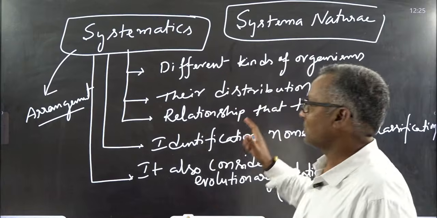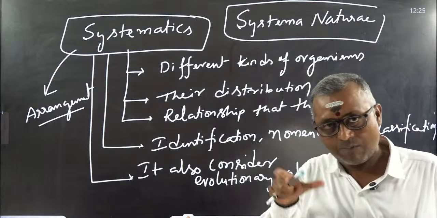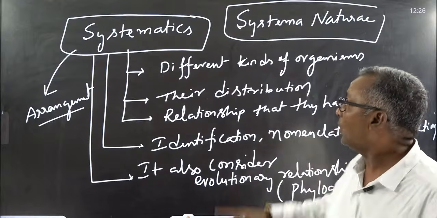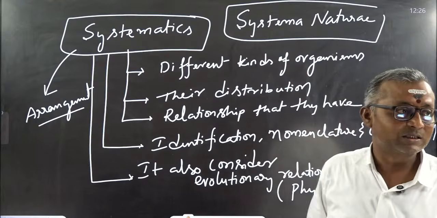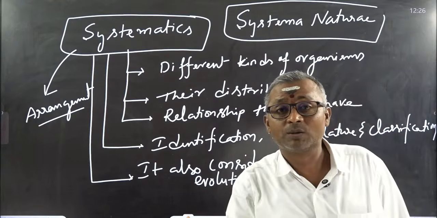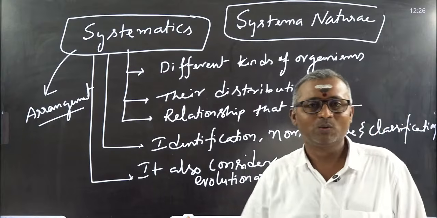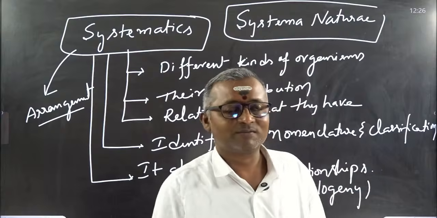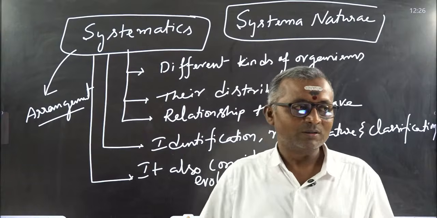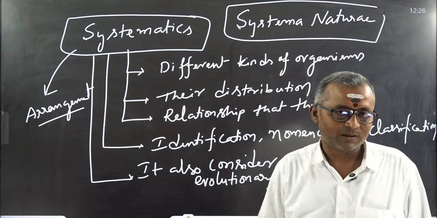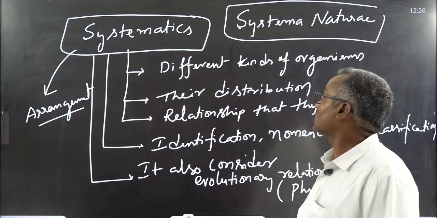Understood? So systema means what? Arrangement. And who used this term systematics first? Carolus Linnaeus. I will show you even the picture of Carolus Linnaeus after about 5 minutes. So that is the importance of systematics. Got it?